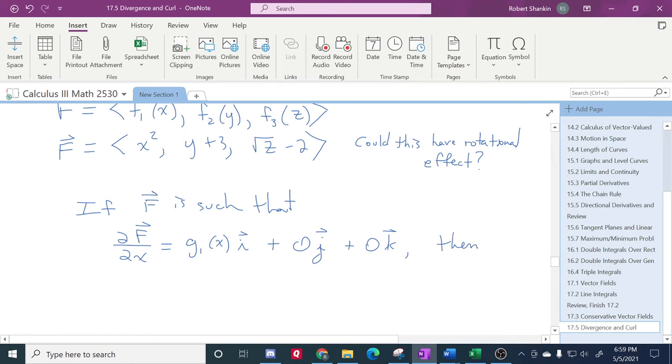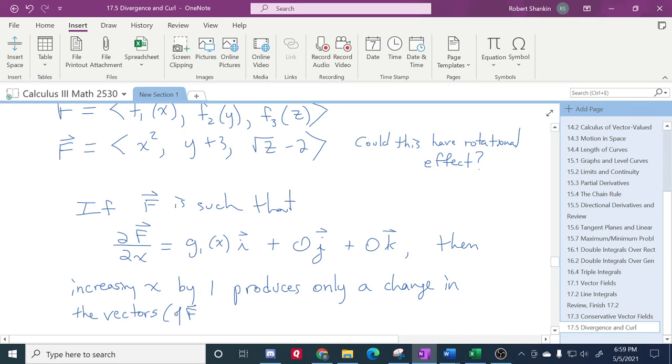Then increasing x by 1 produces only a change in the vectors, and these are vectors of f.